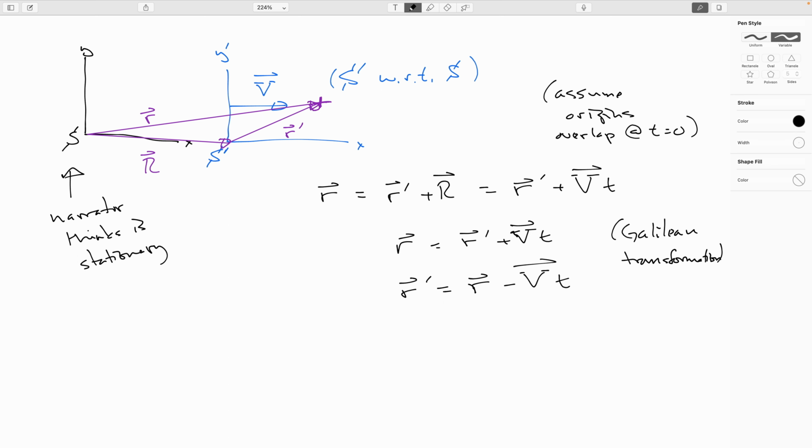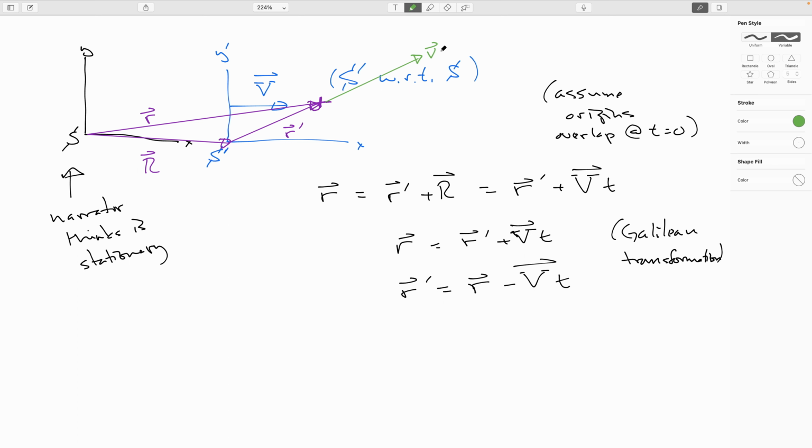Now, the big idea here is I can again differentiate both sides, or if you haven't had derivatives yet, it's the same limit taking process we've done before. And what I would conclude is that if I'm trying to measure the velocity of some object, say this is the velocity that S measures for it.